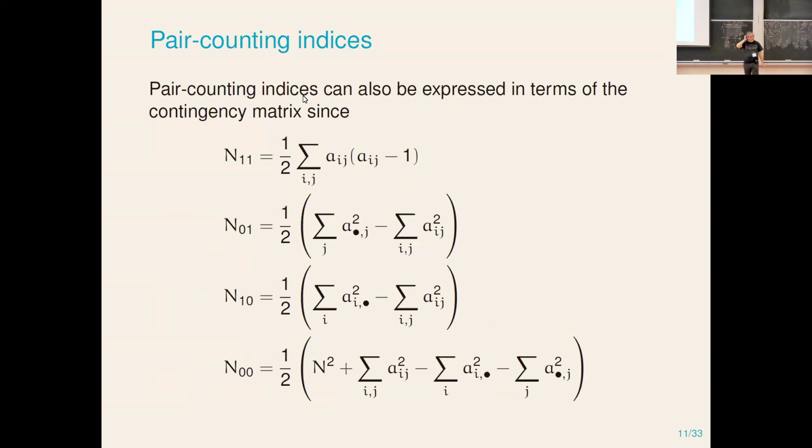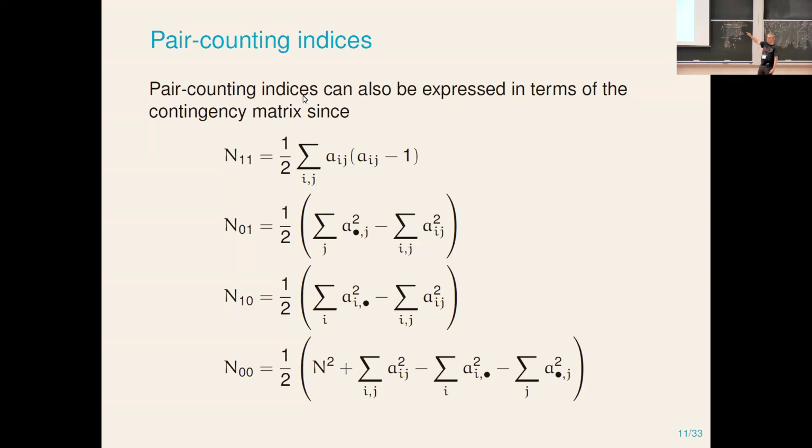Now, you can express those numbers, n11 up to n00, in terms of the contingency matrix, so in terms of the a_ij's, okay? And this will be convenient because if you want to count the n11 and n01 and so on by going through all possible pairs, that's too expensive.